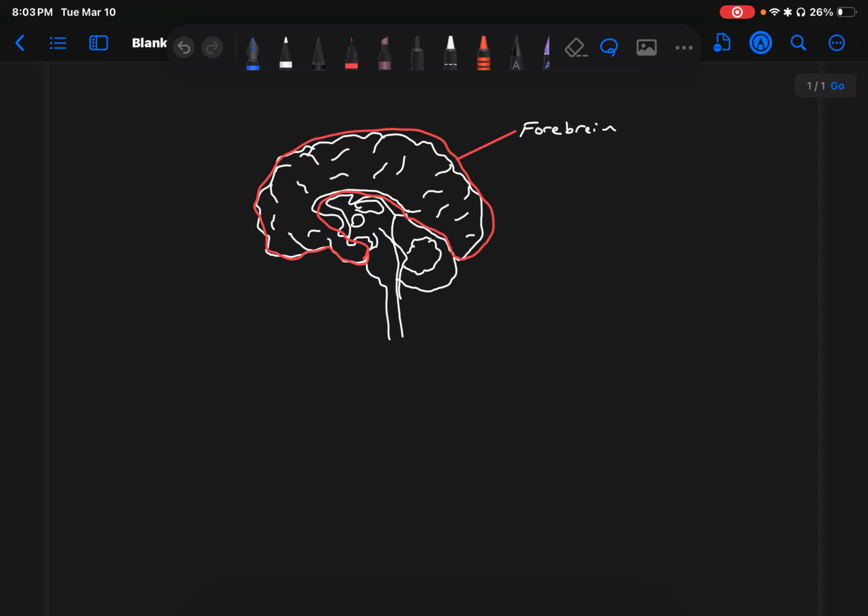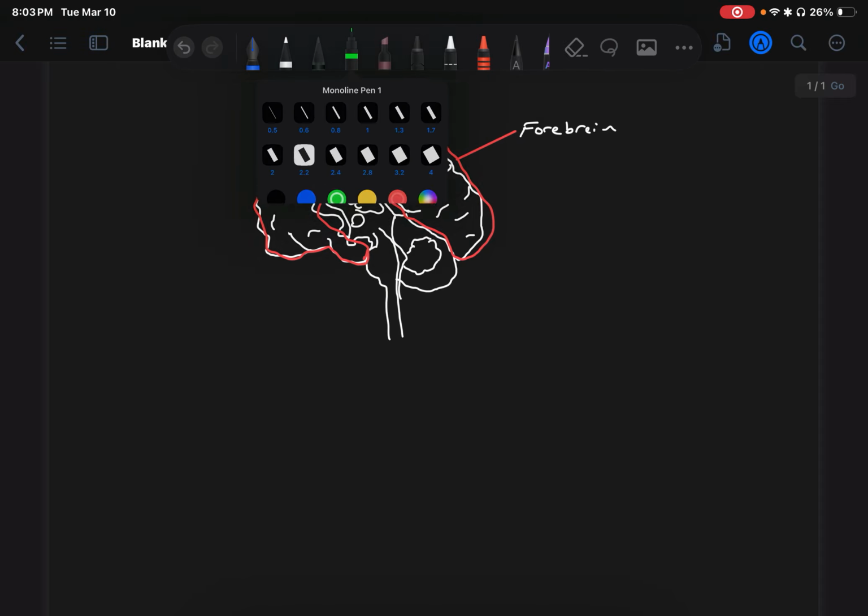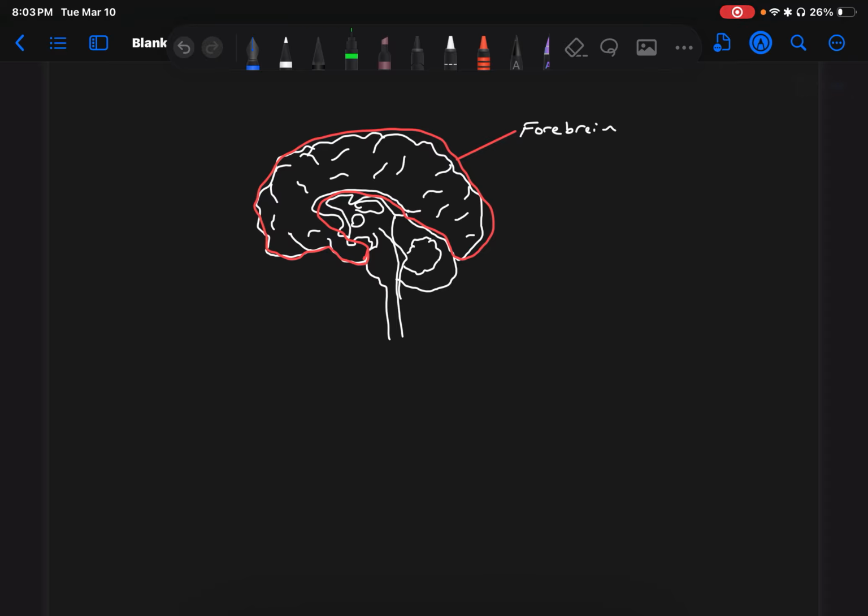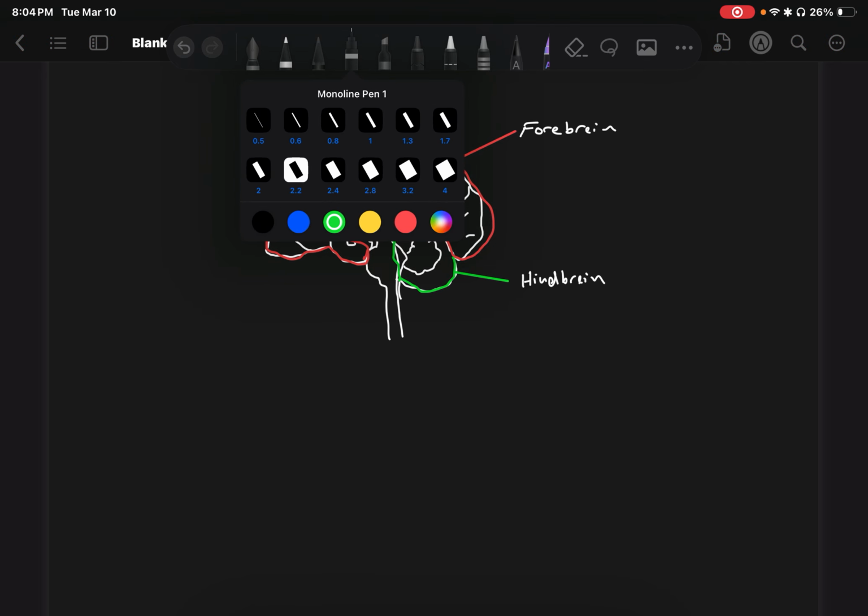Now the next one we have is the hindbrain. This is just this part here. And then we have the midbrain, which is all of this in here.